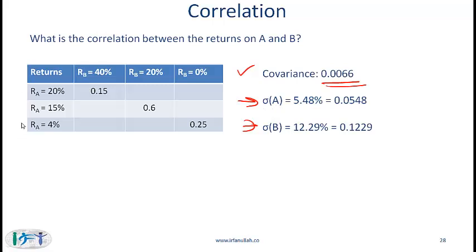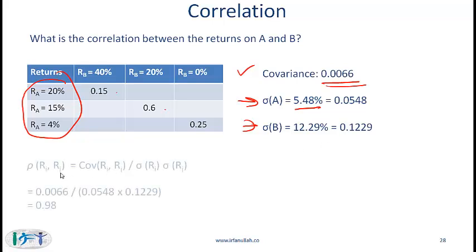You can use the calculator method or you can use the longer formula, but essentially when you compute the standard deviation of these returns given the three different probabilities, you should get 5.48% or 0.0548. The standard deviation of B is 0.1229. Given these numbers, you simply plug into the formula and you come up with a correlation of 0.98.